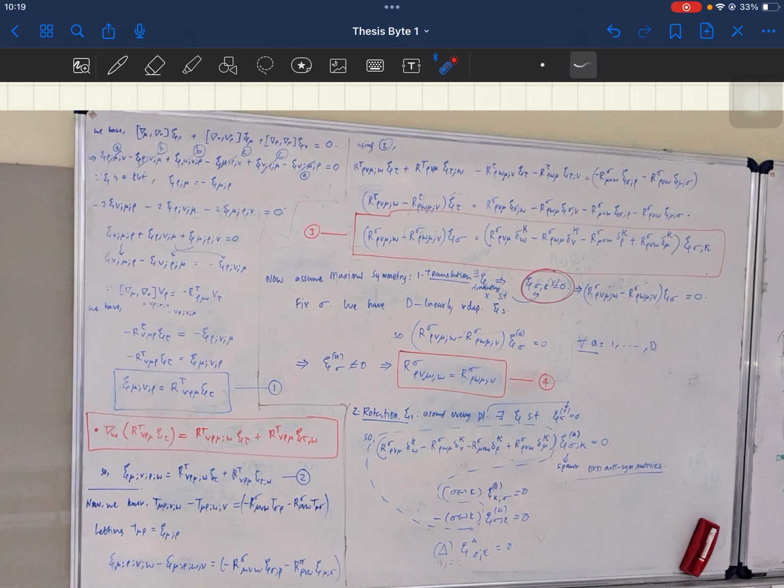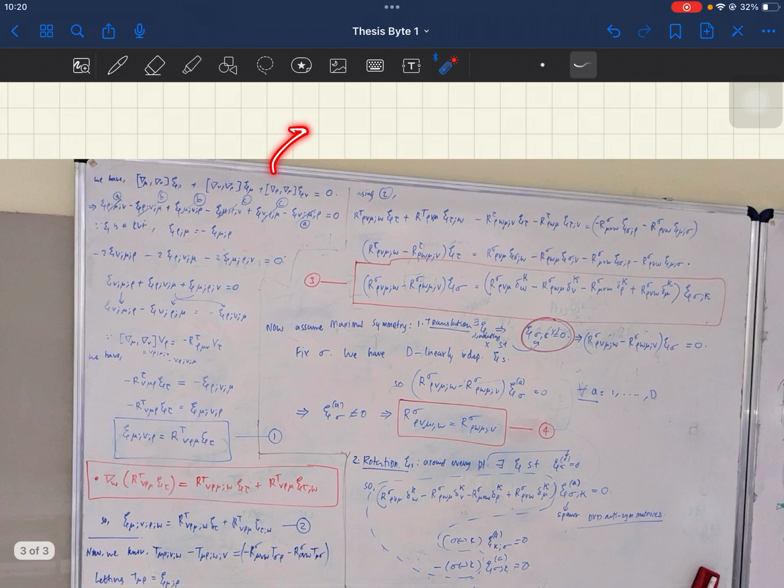So you start with this equation. Yeah, you can write this equation. Any vector satisfies this equation. Okay. It comes from the cyclic property of R, where you cyclically permute these and add.